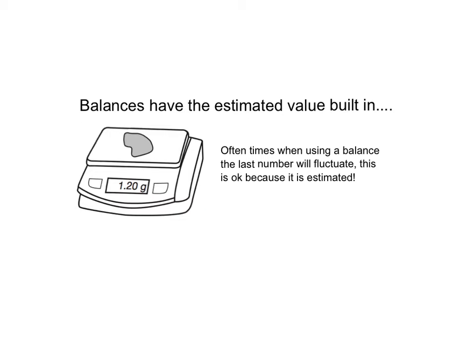You're just going to copy exactly what's on the screen. If you've ever used a balance before, sometimes it jumps up and down. Maybe it's 1.17, then it turns into 1.18, and then down to 1.16. That's because it's constantly trying to estimate that last digit. Just copy down the number that's on the screen, and you'll be good to go.